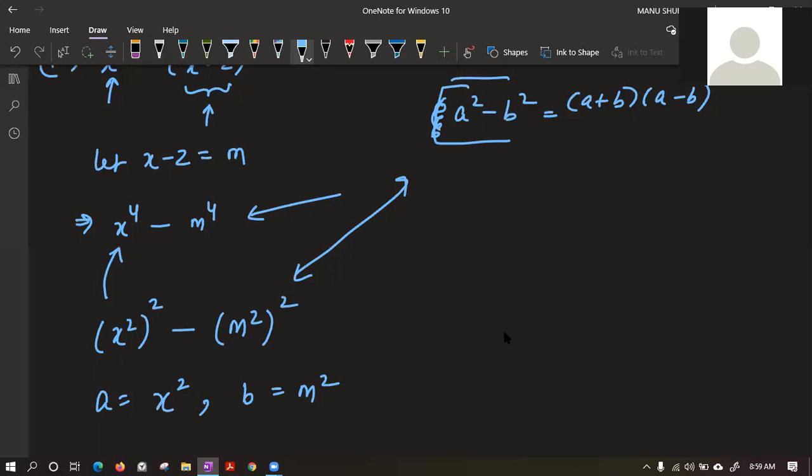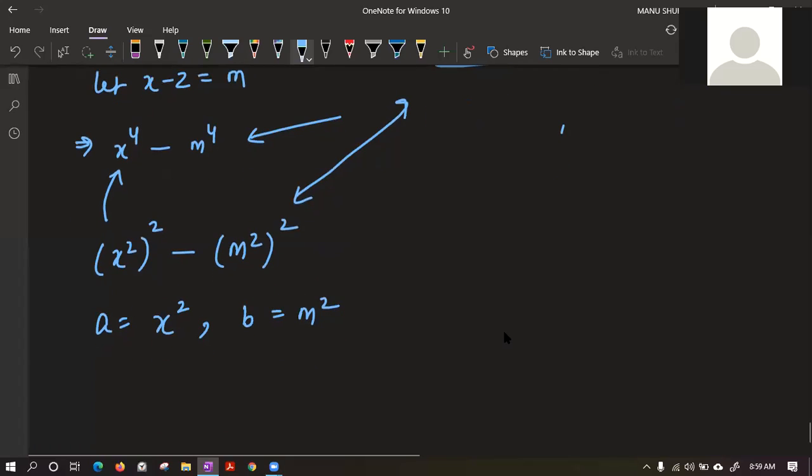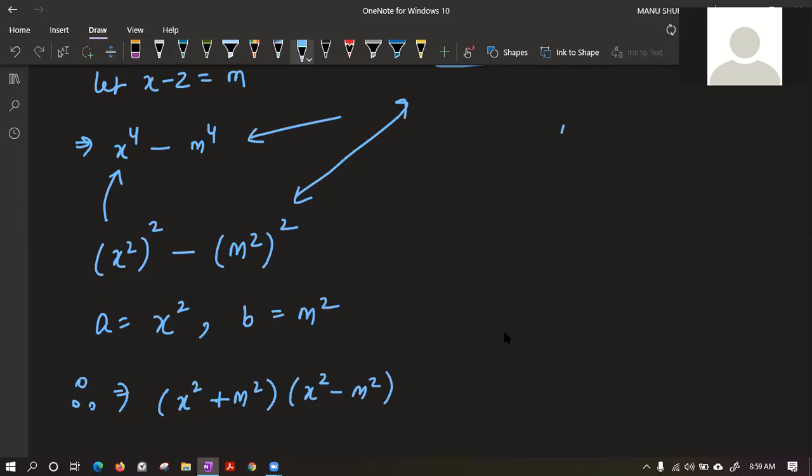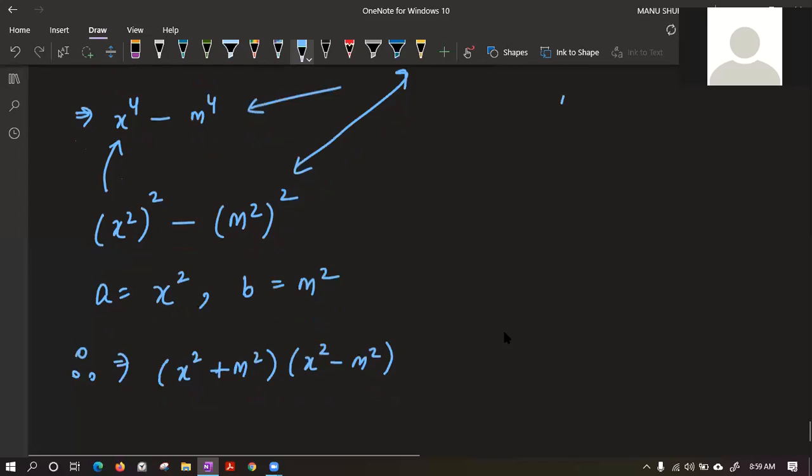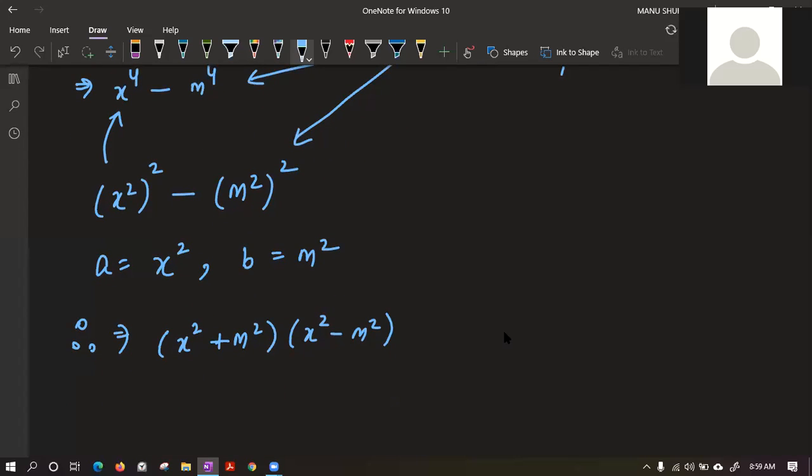Now we just have to put in the formula. The formula is a plus b into a minus b. Just put. Therefore, we will get a plus b, a minus b, that is x square plus m square into x square minus m square. That's it. Now tell me, class, before resubstitution, can we further simplify it?